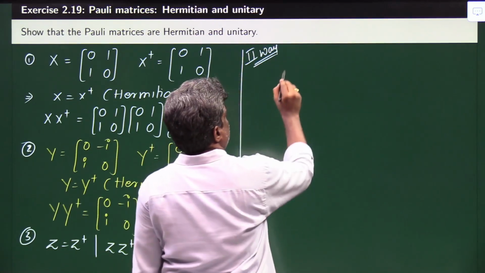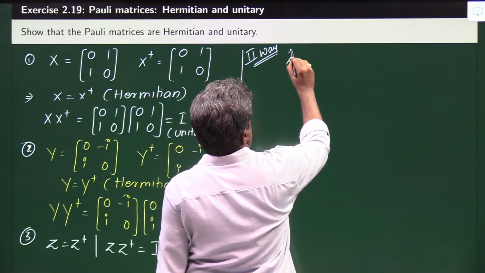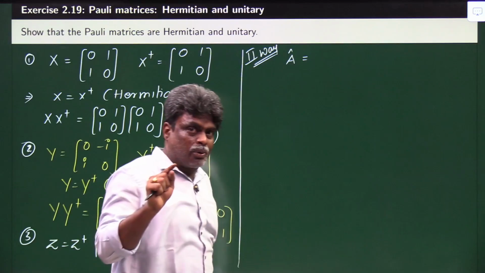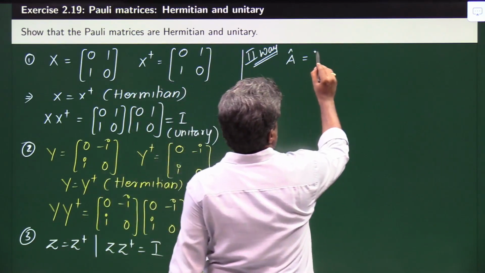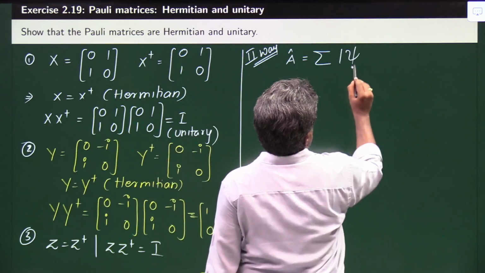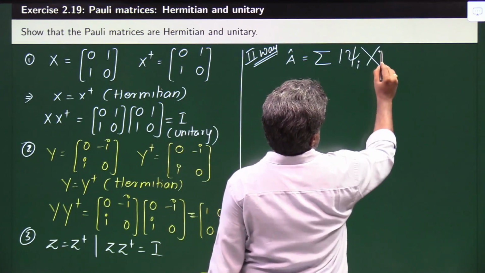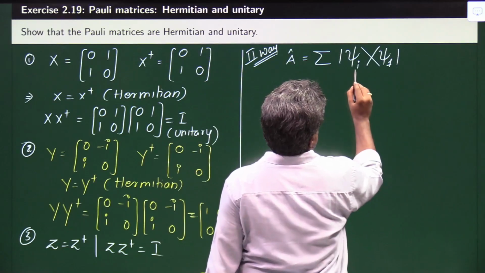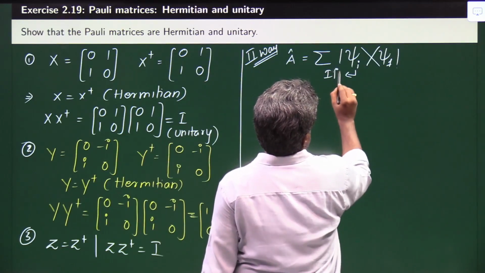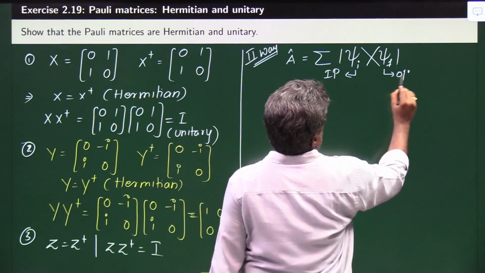Earlier, if you observe carefully, I explained one more representation, the outer product form. This is the summation, initial state, and this is the final state. Or we can say this is the input and this is the output.